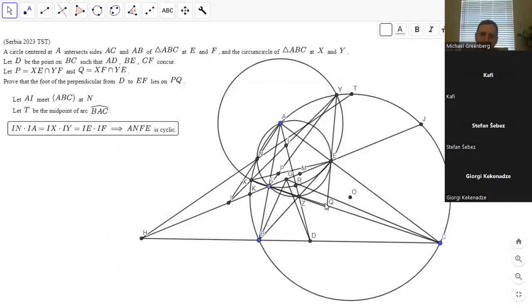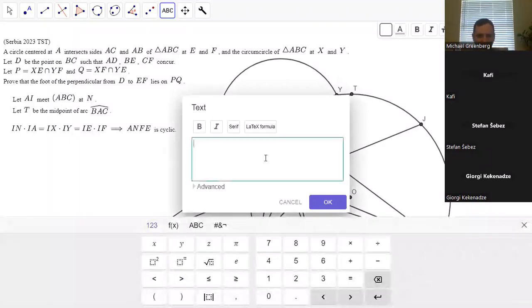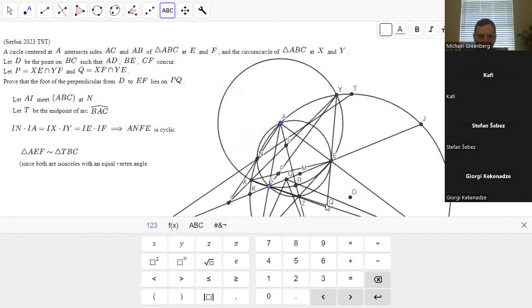And then once we have that, triangle AEF is similar to TBC. That's not hard to show, since both are isosceles with an equal vertex angle.